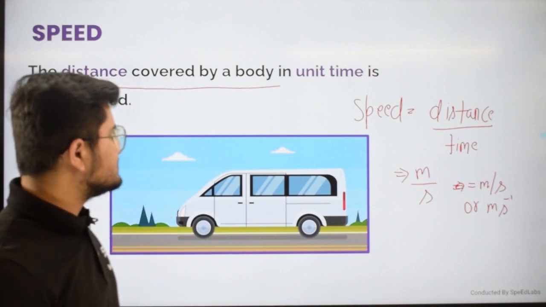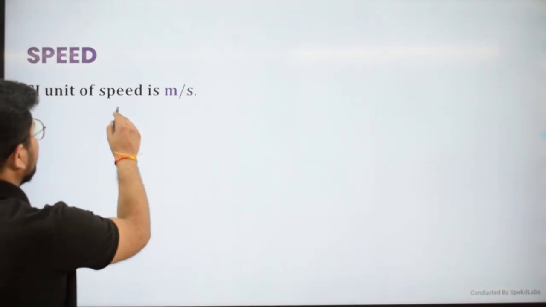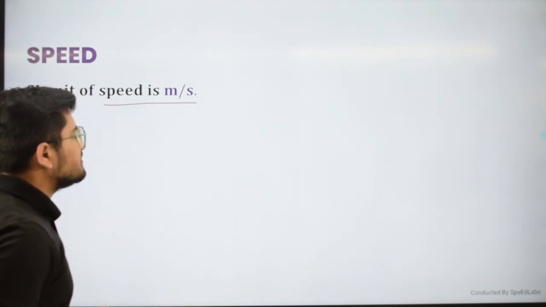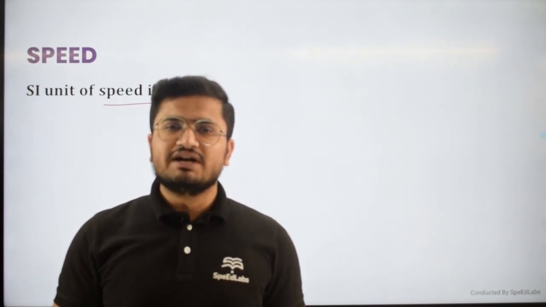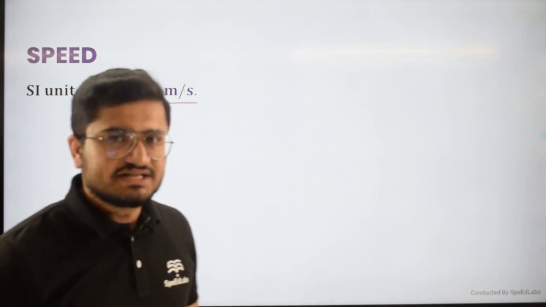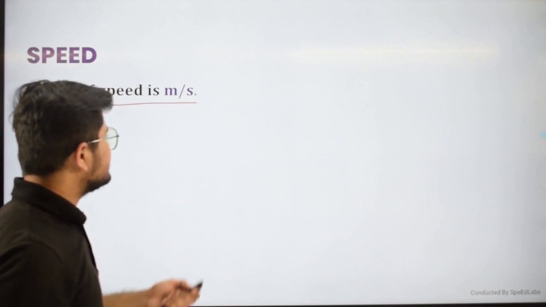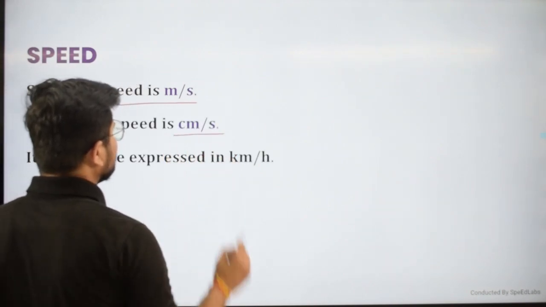Now talking about velocity, what does velocity tell us? Here the SI unit of speed is meter per second. Talking about the CGS, that is centimeter per second. I hope you already studied the different systems of units, MKS, CGS, FPS. In CGS we measure length in centimeter, so centimeter per second.